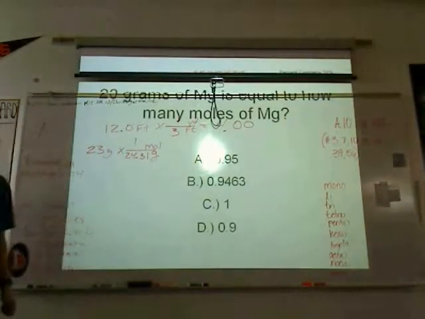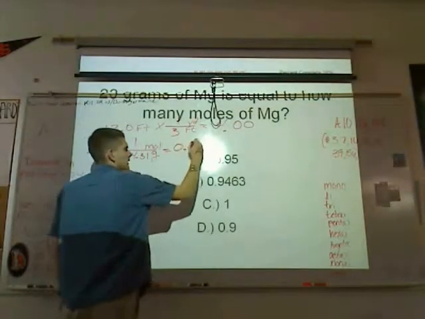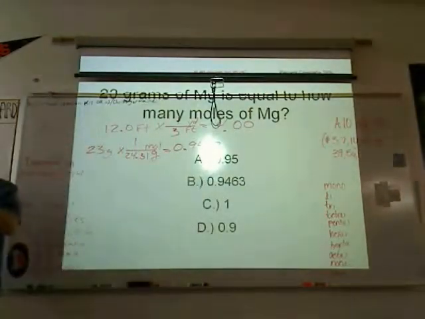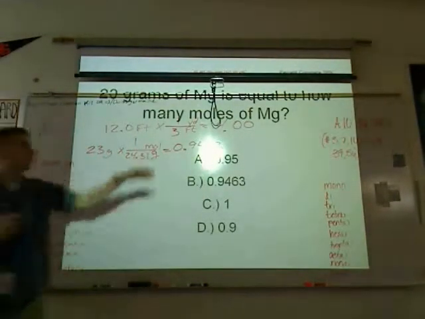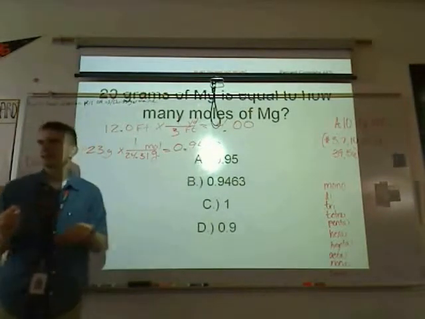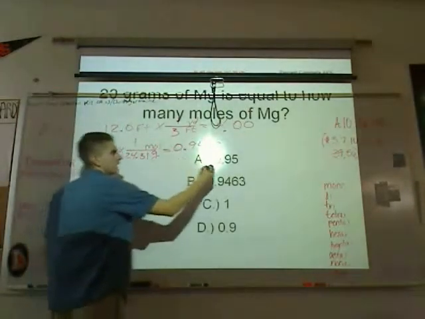Okay. So it comes out to be 0.9463, but you only get 2 sig figs, so you got to round this, right? And since the 6 is next to it, it rounds up. So the answer is 0.95.